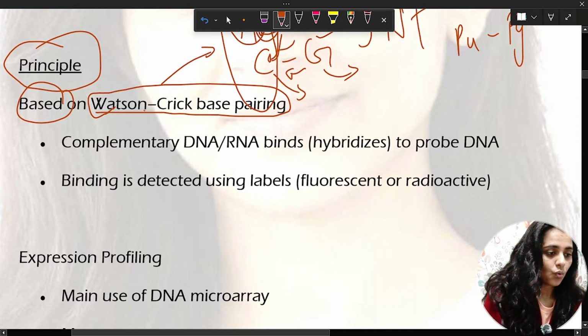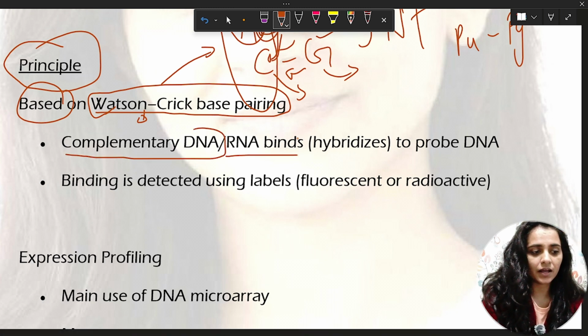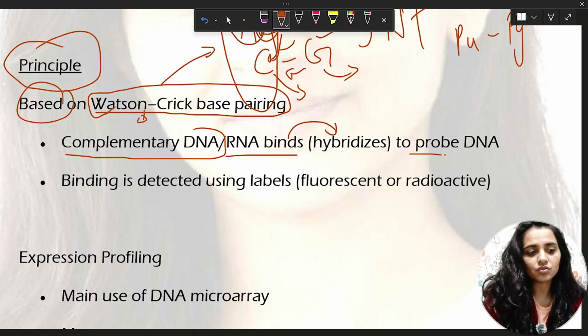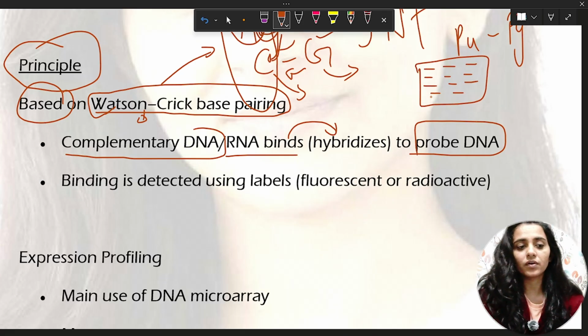So what does this base pairing do? There should be complementarity so that DNA or RNA will get hybridized to the probe DNA. What is probe DNA? Probe DNA are those DNA which we place, all 1,000, on the solid surface.